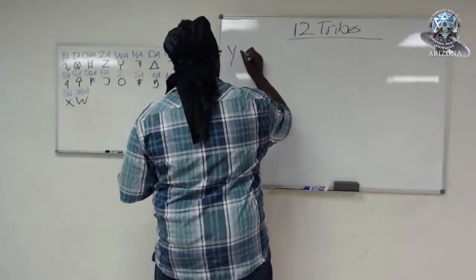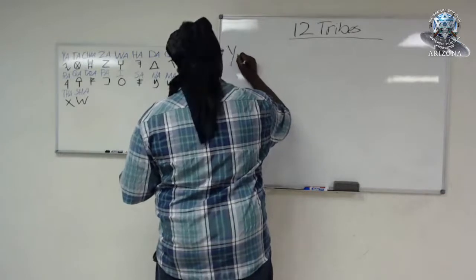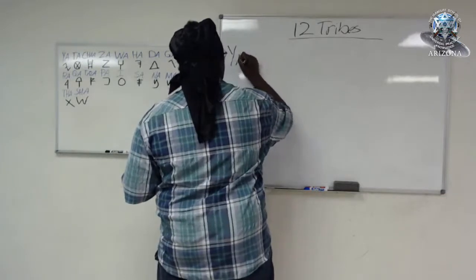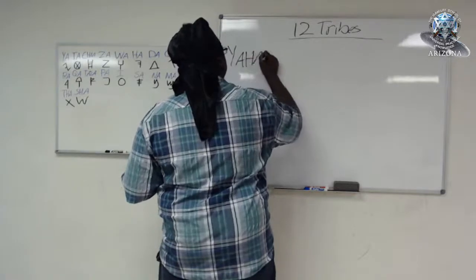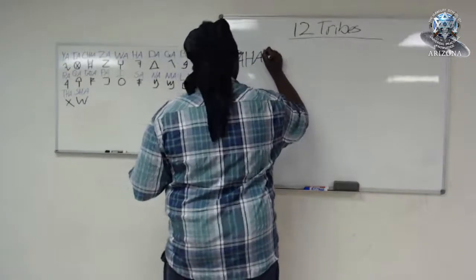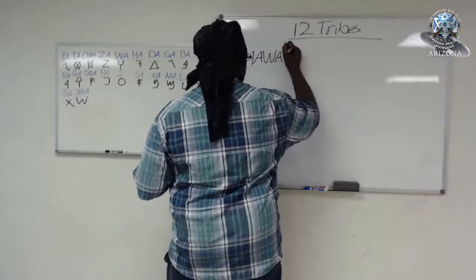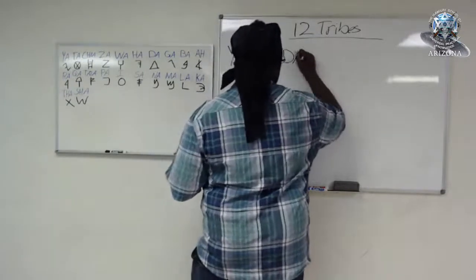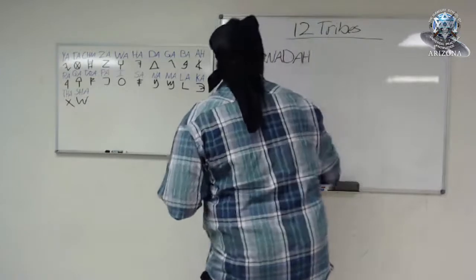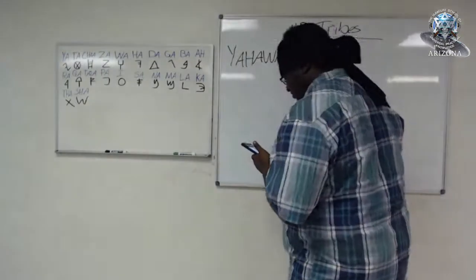First up, we have Yehuda. I know it in English as Judah. Judah is the so-called Negro, so-called black people.